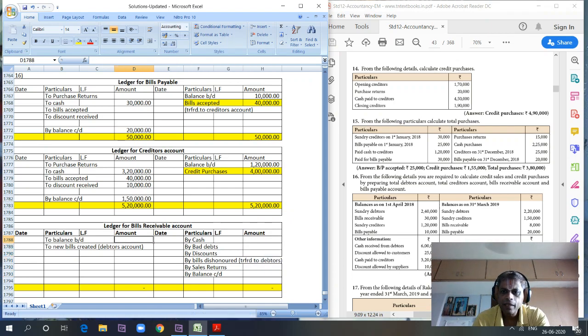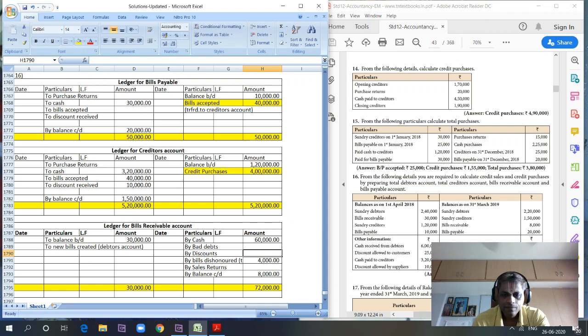What's the beginning balance in bills receivable account? 30,000. You can see here bills receivable beginning balance 30,000, and the end balance is 8,000. We also have cash receipt for bills receivable 60,000. Then bills dishonored, transferred to debtors account, 4,000.